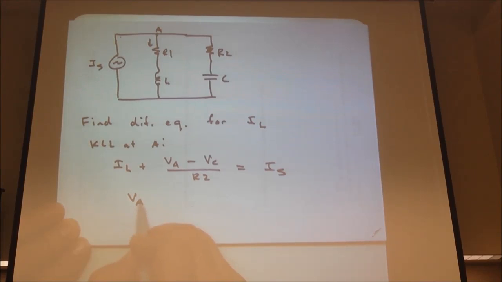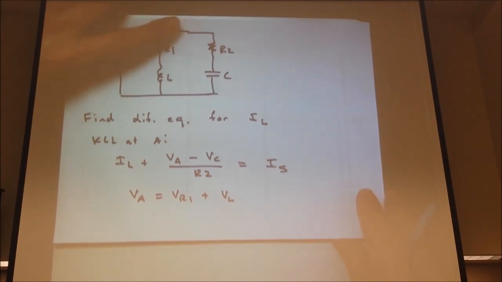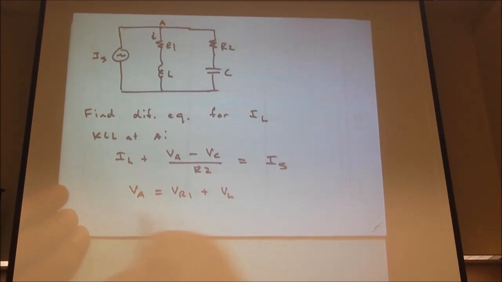But VA equals VR1 plus VL, right? Do we agree? The voltage across the resistor plus the voltage across the inductor. Looks okay? Well, that's, I hope you agree, IL times R1 plus L dIL by dt.